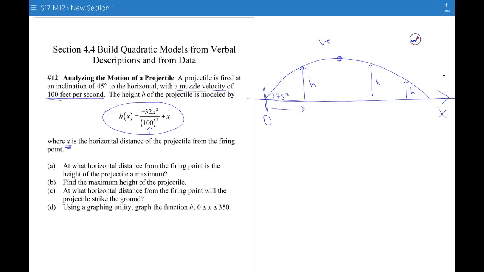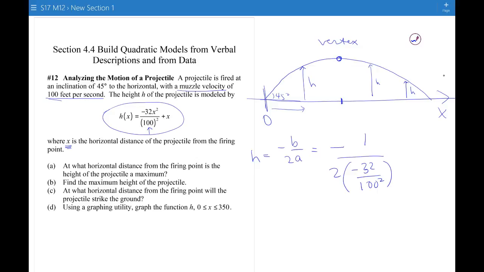Well, sure enough, again, it's the vertex. So we're trying to find the x coordinate of the vertex, which is h. So it's minus b over 2a. So it's going to be the opposite of 1, the coefficient on the x, over 2 times the a, which is negative 32 over 100 squared.